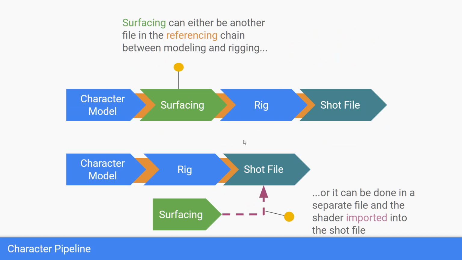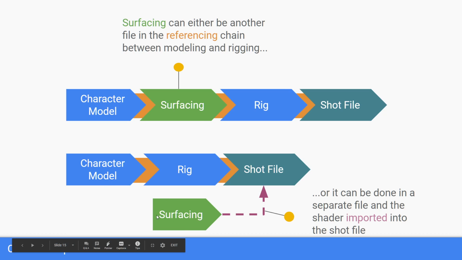Okay. Surfacing can be done in a number of ways. I don't think it's quite as crucial to this kind of chain of reference. Surfacing can either be like another stage, so you go from character model into surfacing model, surfacing file, and you reference the surfacing file into the rig file, or it can be something that's done in an outside file.